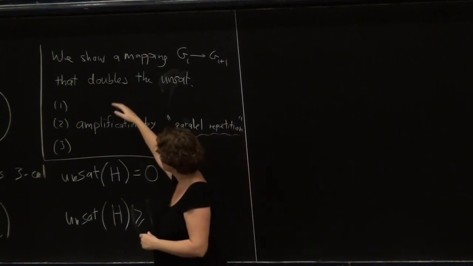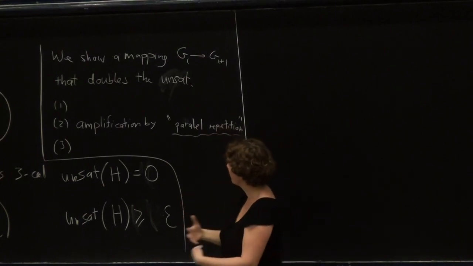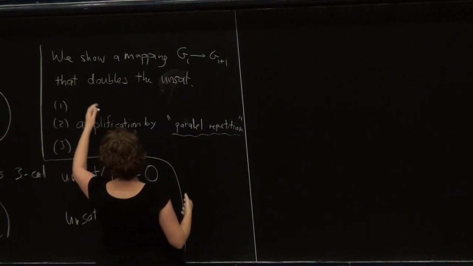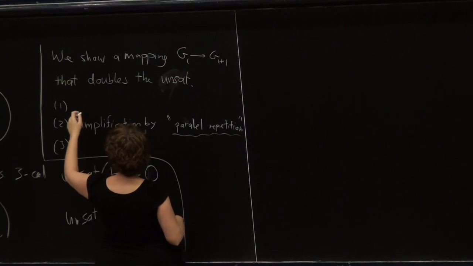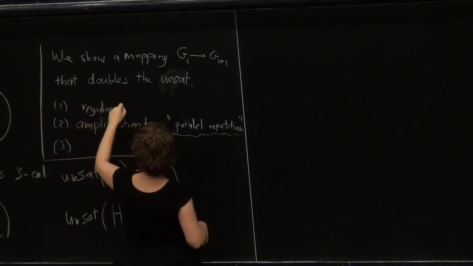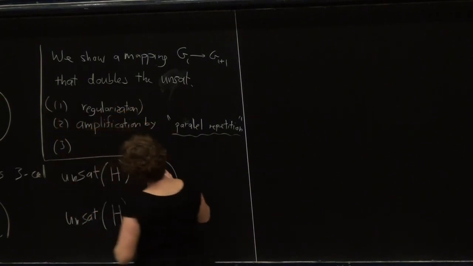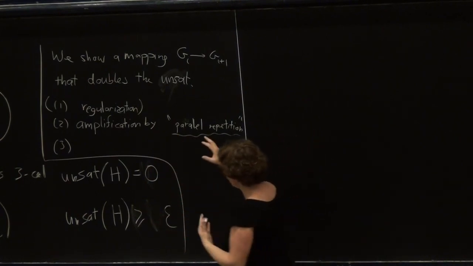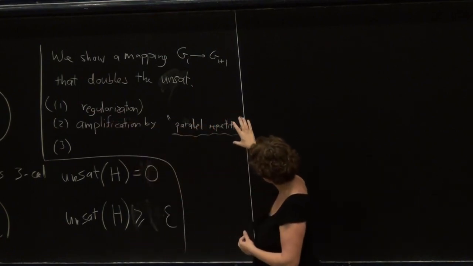And then these 2 other steps are going to be correcting steps so that this actually is able to work a few times. So the first step is making the graph into a normal form. Let's call it regularization. We really don't need to worry about it. This whole thing is in parentheses. It's some step to make the graph easy to work with. Don't forget about it, it's not inherent. The main step is this amplification by some kind of parallel repetition.